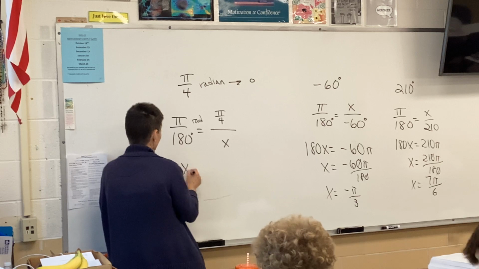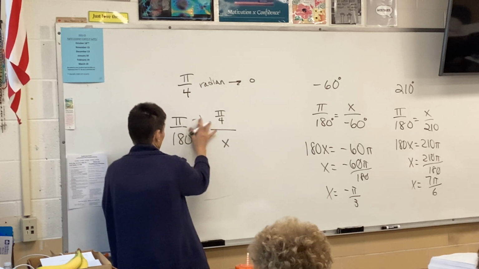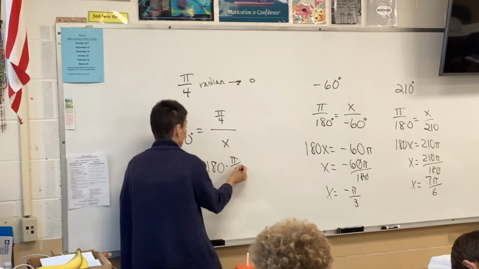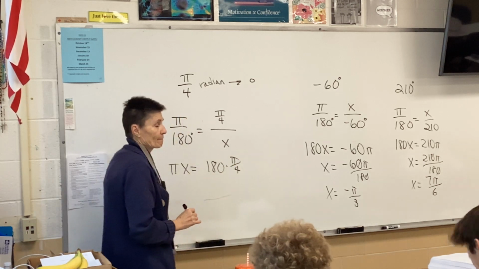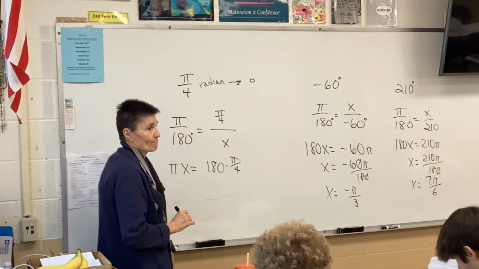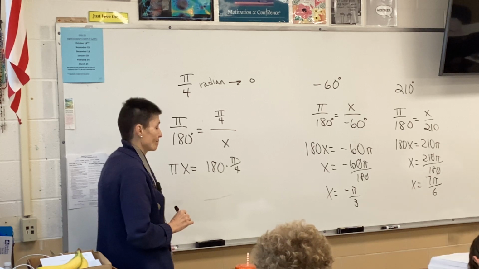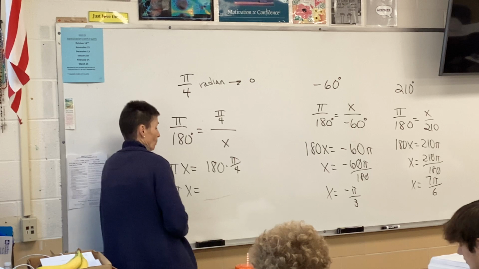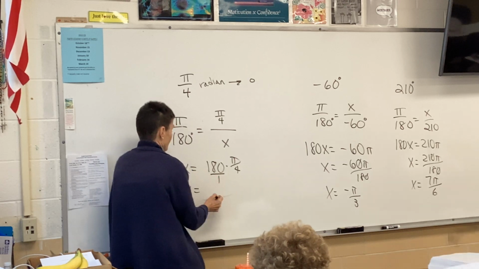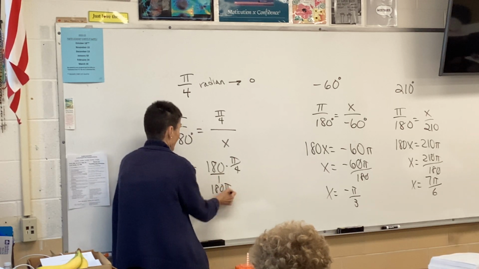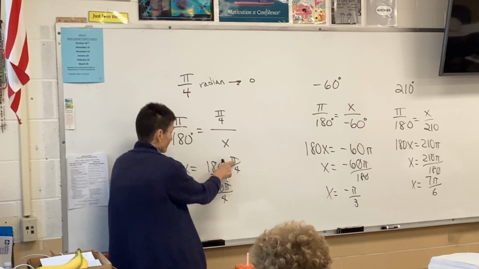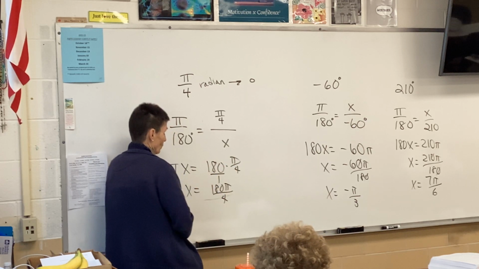So pi times x equals 180 times pi over 4. Remember when we multiply straight across, so 180 pi over 4.